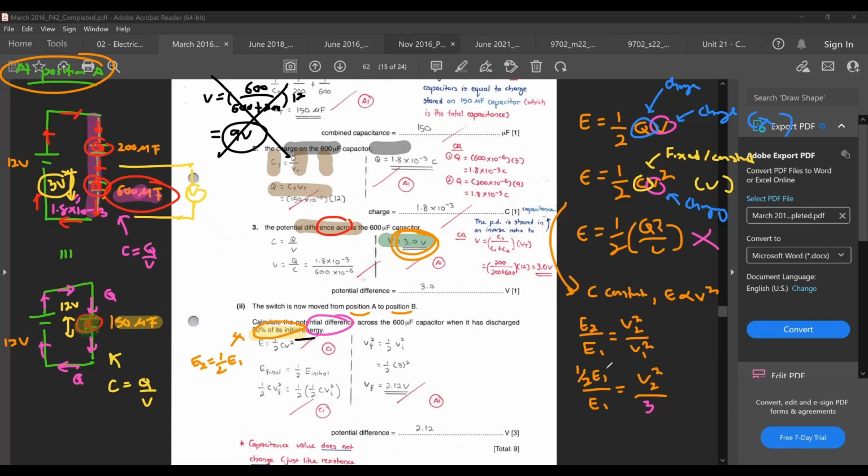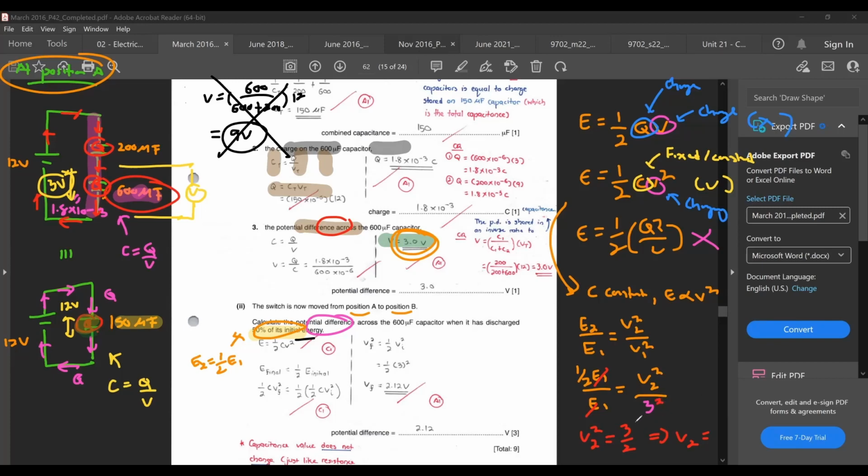So your E1s will cancel off. V2 squared is therefore going to be 3 over 2. Sorry, oh wait, I forgot to square this one, my mistake.